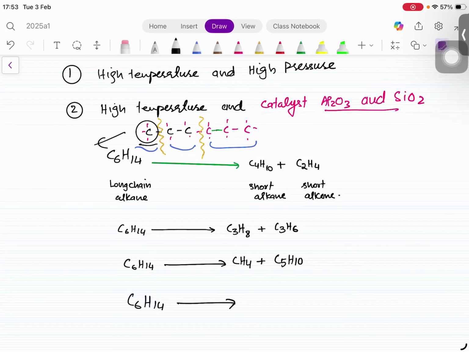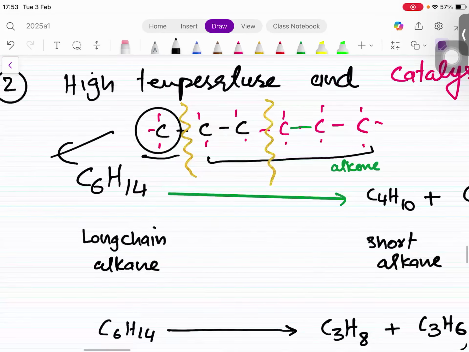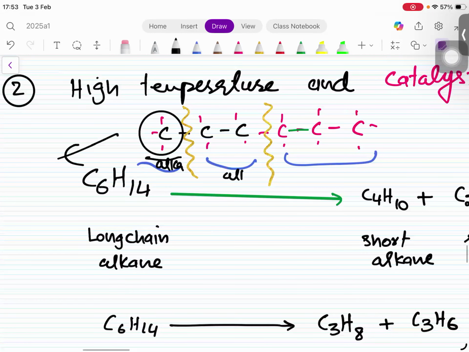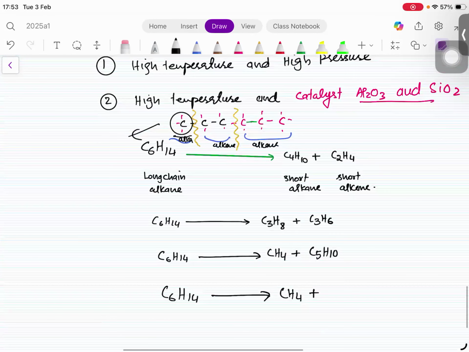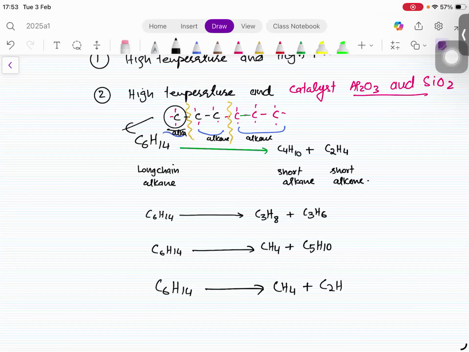Otherwise the hydrogens don't balance out. So if this is CH4, which is the alkane, these two should be what? Alkenes. So one is CH4, the other one is C2H4 plus C3H6. So these two are alkenes, and this is the alkane.